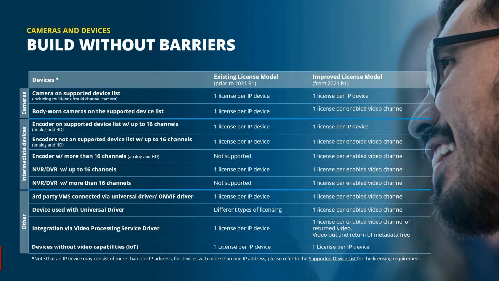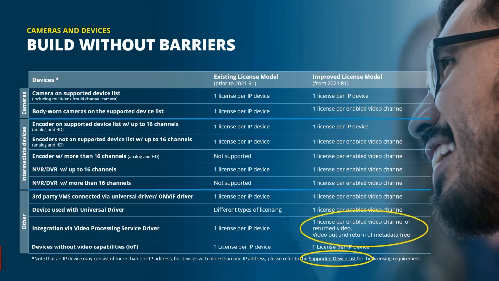But if you have encoders and DVRs and so forth, there could be a change in the way that you license those devices. I would say that a good place to go if you're uncertain about how many licenses a certain driver or device would require is the supported device list that is available on our website. And here you can see exactly how many licenses would be needed.